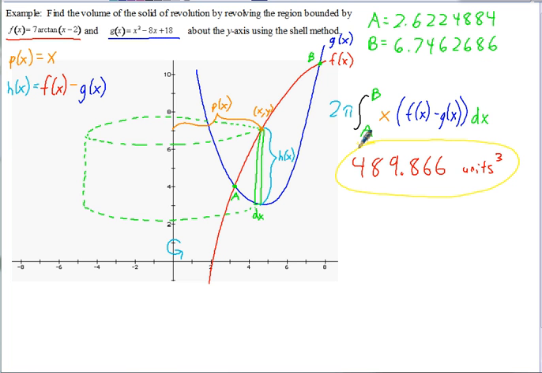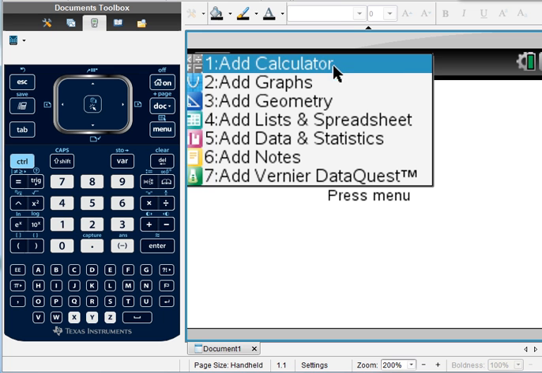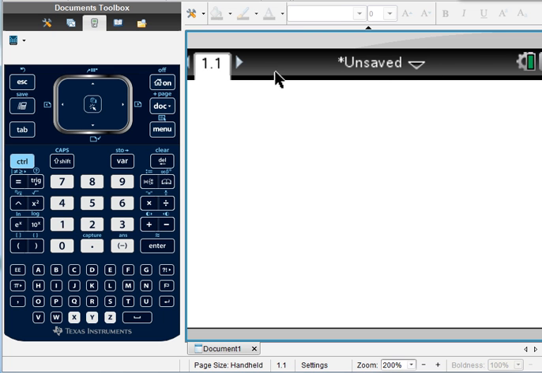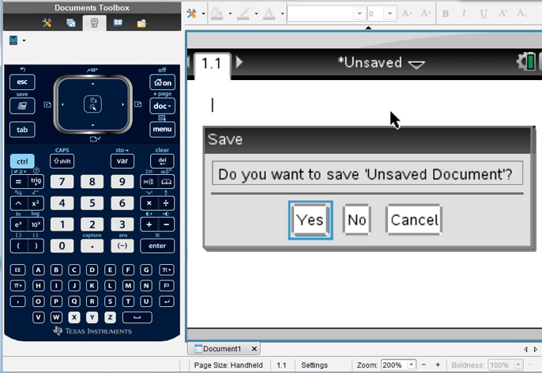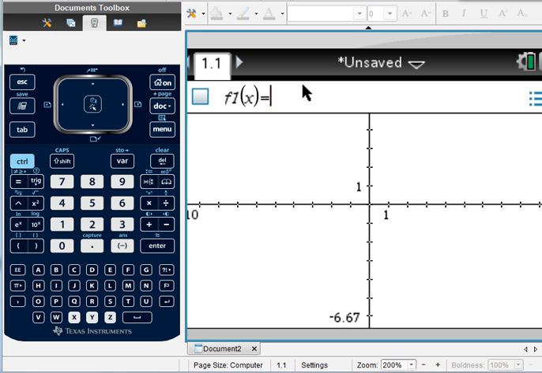Alright, now let's quickly look and see how you do the same thing on the TI Nspire. So on the Nspire, just go to a new document, and let's add the graphs first.